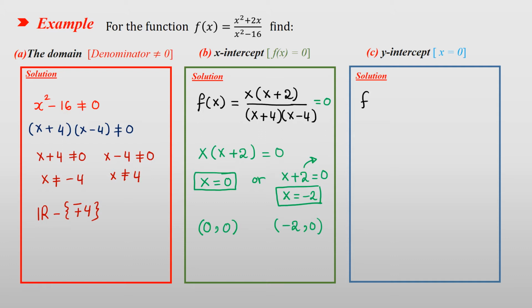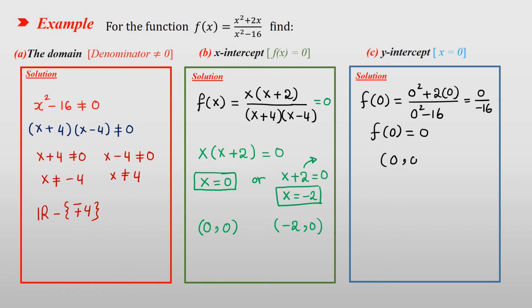So f of 0 equals 0 squared plus 2 times 0 divided by 0 squared minus 16, which is 0 over negative 16, and 0 over negative 16 equals 0. So we have the point 0, 0 as the y-intercept for the function f of x.